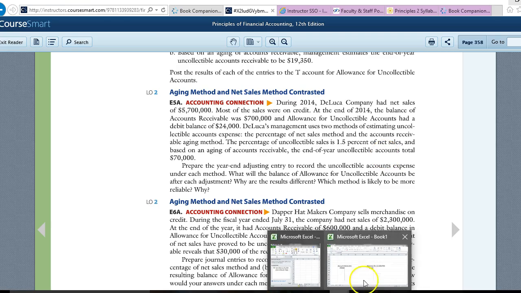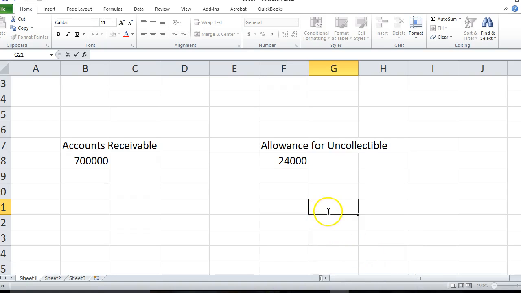So they're telling us that our allowance for uncollectibles in this respect needs to be $70,000. What journal entry do we need to create to get $70,000 under the aging method?